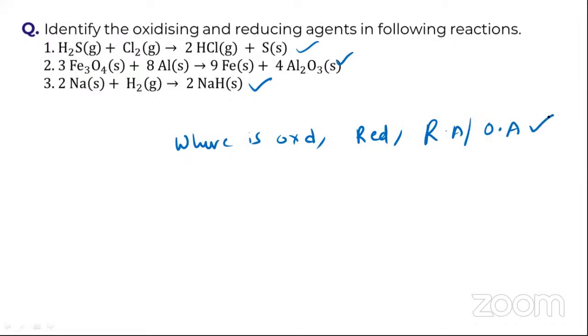So can anybody try and tell me, my dear YouTube friends? Try to tell in the chat box also, right? Try to find out the answer. At least the first one you have to do.